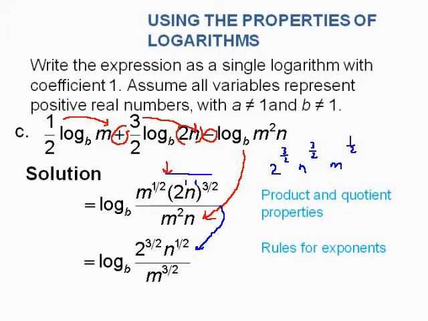So I'm taking this right here, and I'm going to divide this by m squared n to the 1st power. Notice we've got some subtraction of exponents here. So 3 halves is another way to write 1/2 plus 1, and minus 1 on the n's will get you n to the 1/2 in the numerator. You've got m's here.